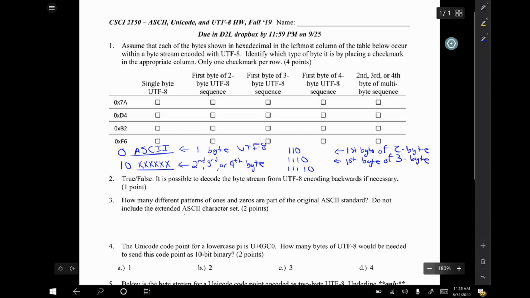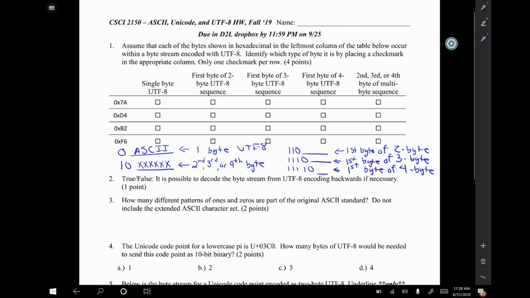And if it starts with 4 1s and a 0, we know that it's the first byte of a 4-byte sequence. Now, the rest of the bits of these first bytes, just like in the second, third, or fourth byte, carry payload. They carry data, Unicode code point bits.